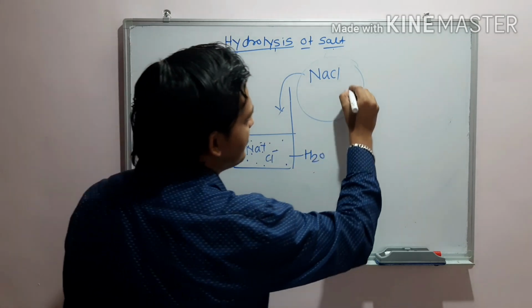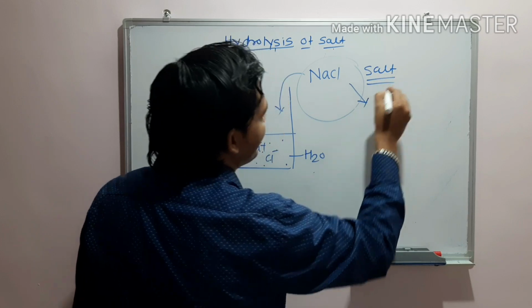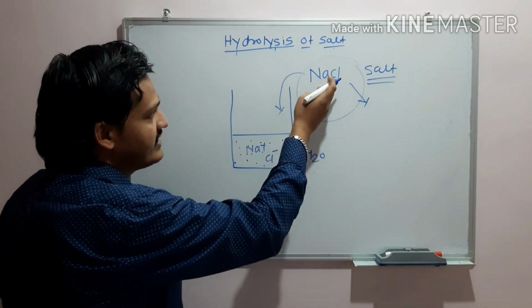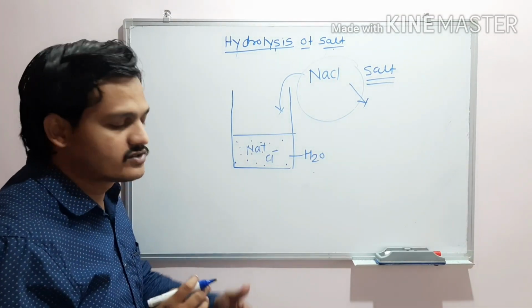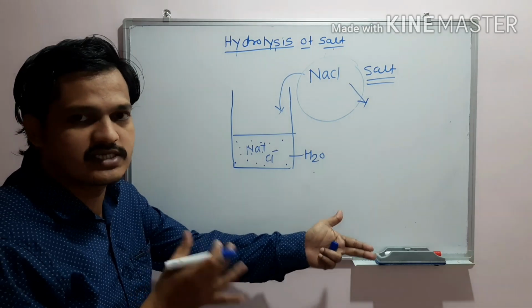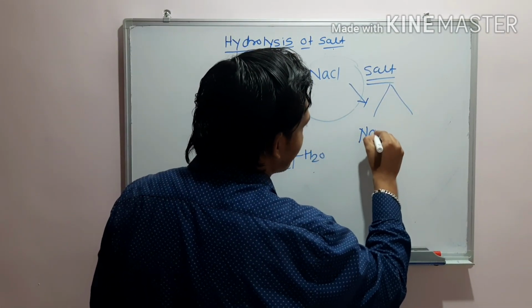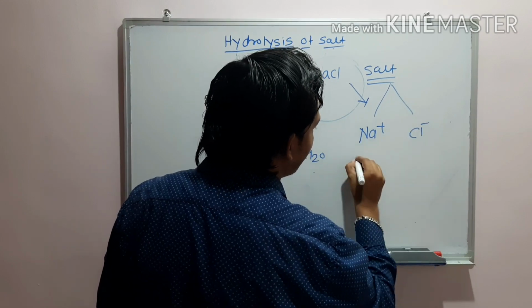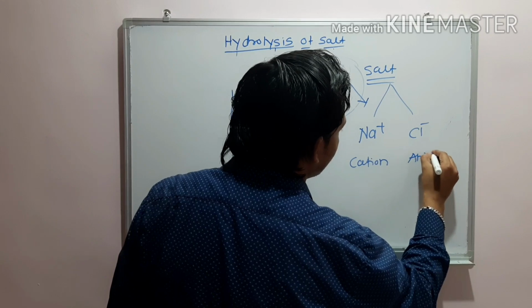NaCl is the salt, and a salt has ions. When NaCl is added to the water, it converts into Na plus and Cl minus ions, that is cation and anion. Na plus is the cation, Cl minus is the anion.